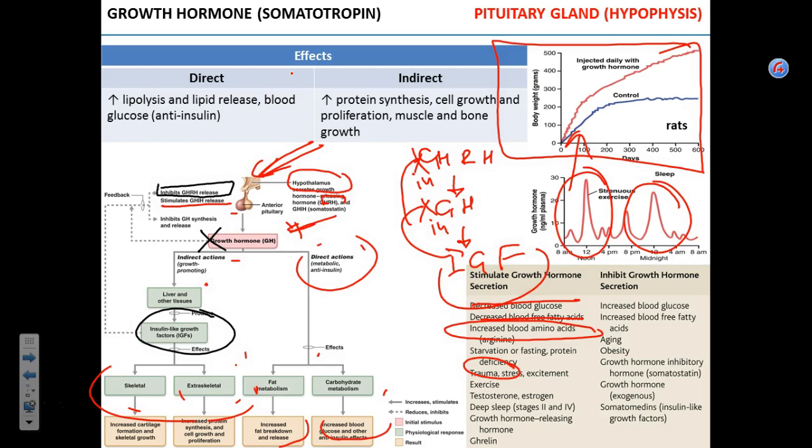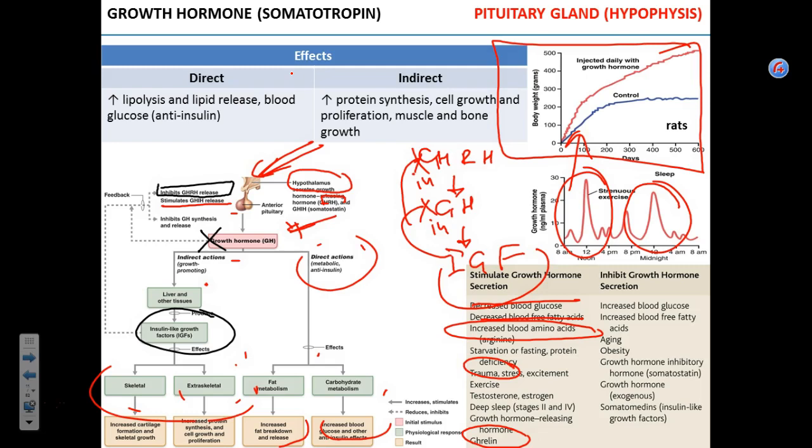Ghrelin. Well, ghrelin is the hormone of hunger. I'm not going to ask about ghrelin as a stimulus. When you're hungry, your blood glucose is low, your blood free fatty acids are low. Ghrelin serves as an additional signal. Does that make sense? What I want you really to focus on are those three metabolic causes.